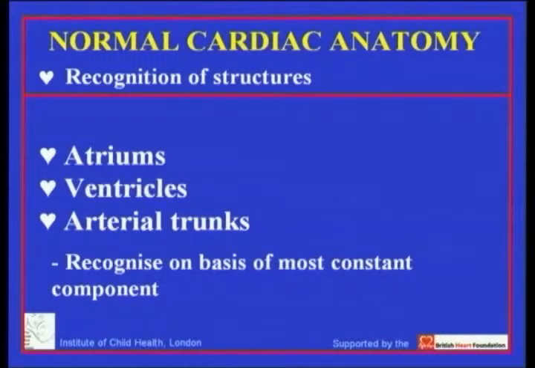And we'll tell you that the essence of the understanding of congenitally malformed hearts is to recognize structures on the basis of morphology and not of their position. So if we are going to recognize them on the basis of their most constant component, the first thing we need to know is how many components do they have. And when we start looking at the various chambers of the heart, there are some surprising things that come to light.